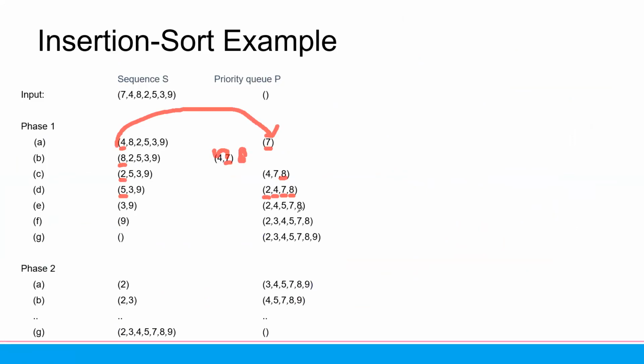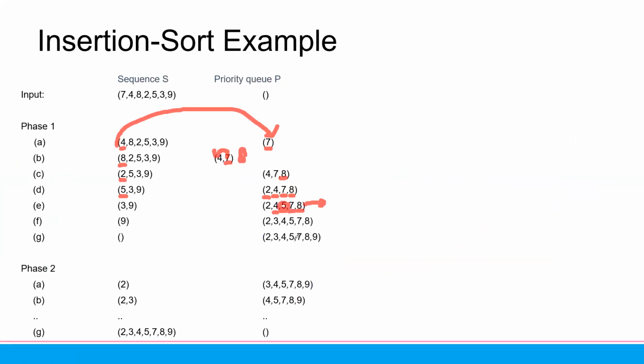And then we will check the next element, which is 5. Is 5 smaller than 8? Yes. So we go to the next element, 7. 5 is smaller than 7? Yes. Okay, we can compare with this one. 5 is smaller than 4? No. Then we move the 7 and 8 backward, and then we put 5 here.